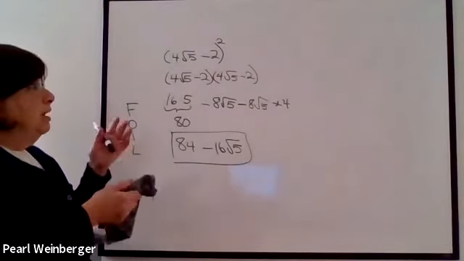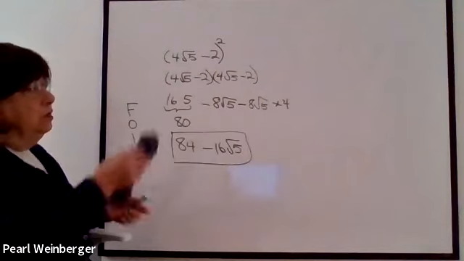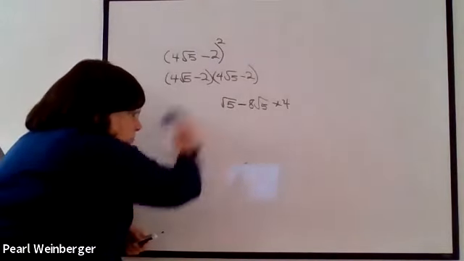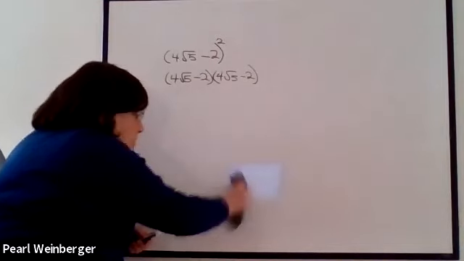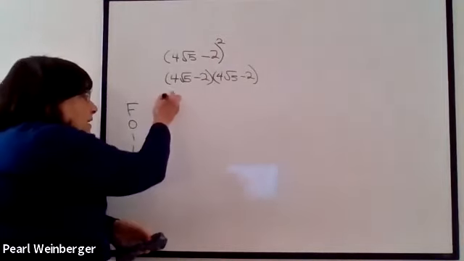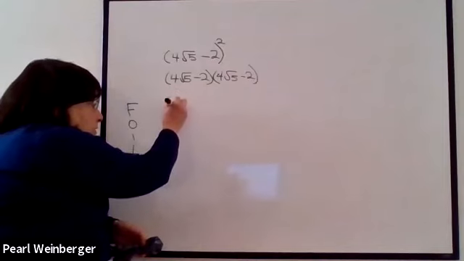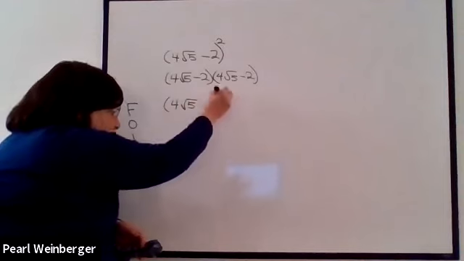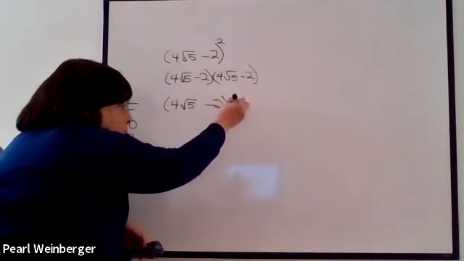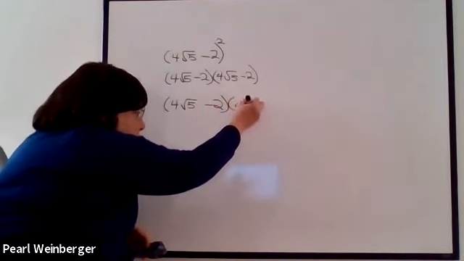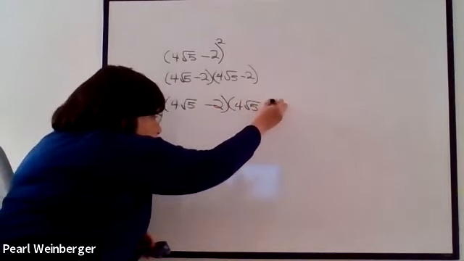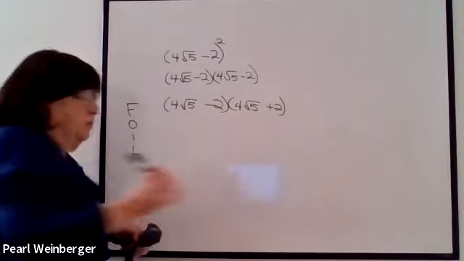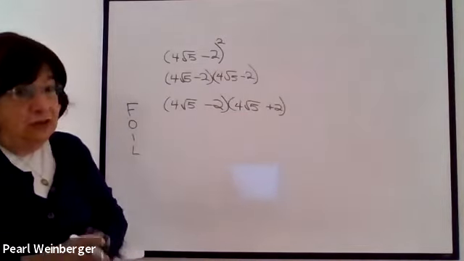Okay, so now let's go on further with this. I want to try a problem that's very similar to this, but not exactly the same. What if I had given you in one parentheses the 4 radical 5 minus 2, just like we had before. But in my second parentheses, what I have is 4 radical 5 plus 2. In other words, the binomials look very similar, but they're not identical.